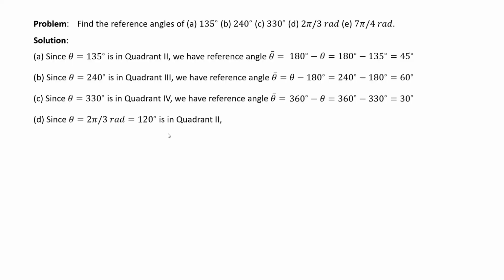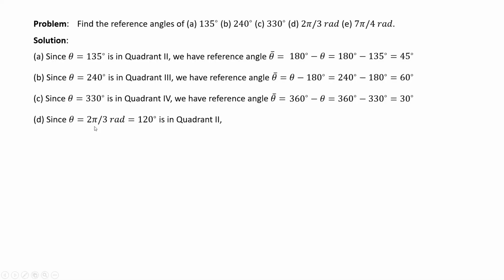Pi halves has a denominator of 2. 2 pi thirds has a denominator of 3. So the common denominator is 6. And so pi half is the same as 3 pi over 6, and this is 4 pi over 6.